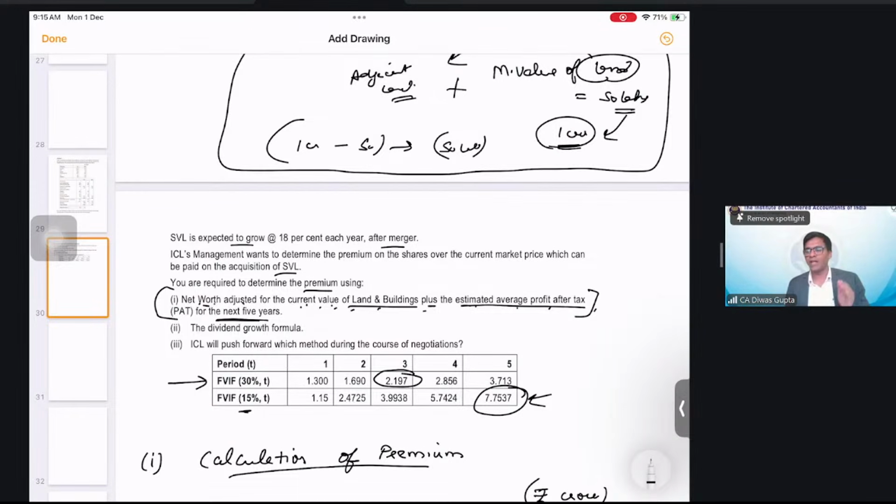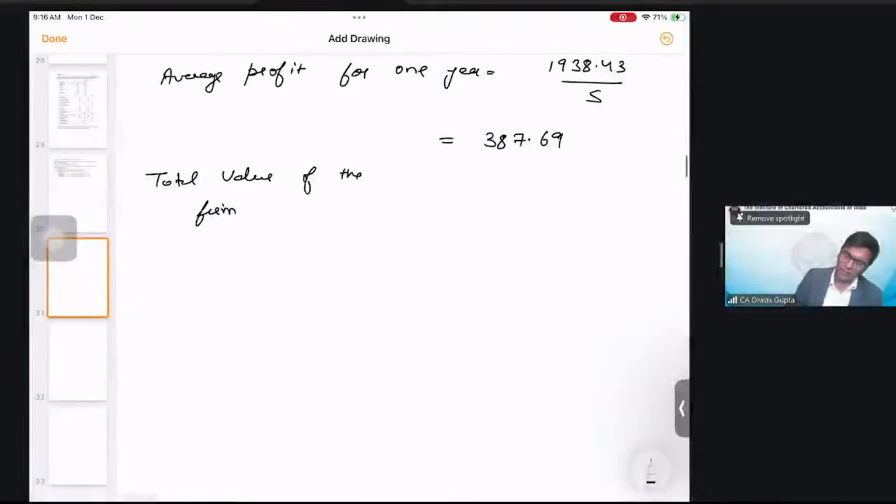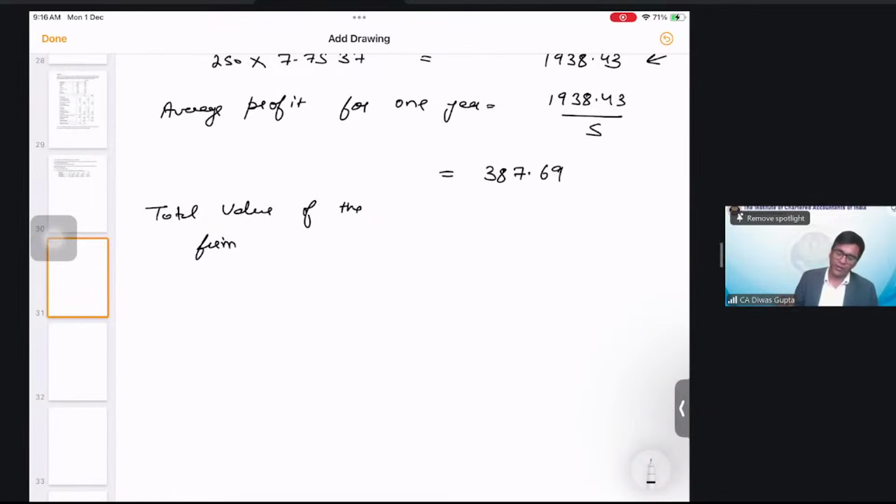In that we have added the revaluation of land and buildings plus the average of the estimated profit after tax for the next 5 years also. So the total value of the firm becomes 1012.43 plus 387.69, 1400.12.